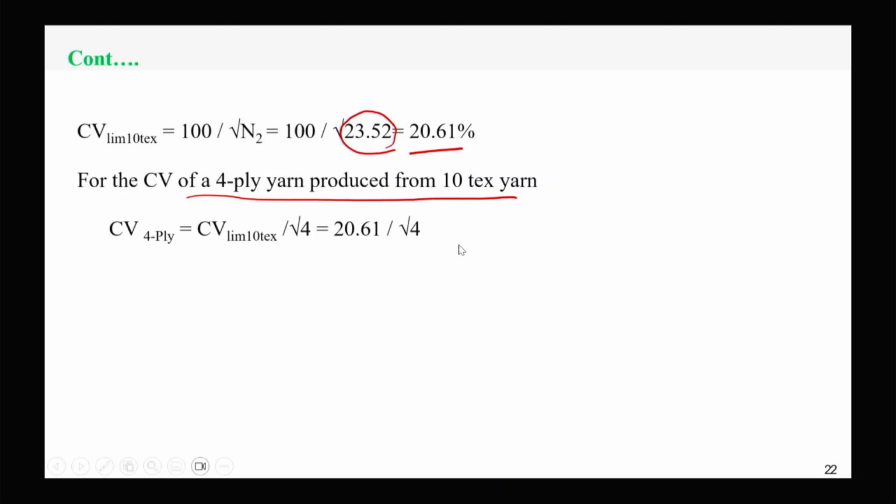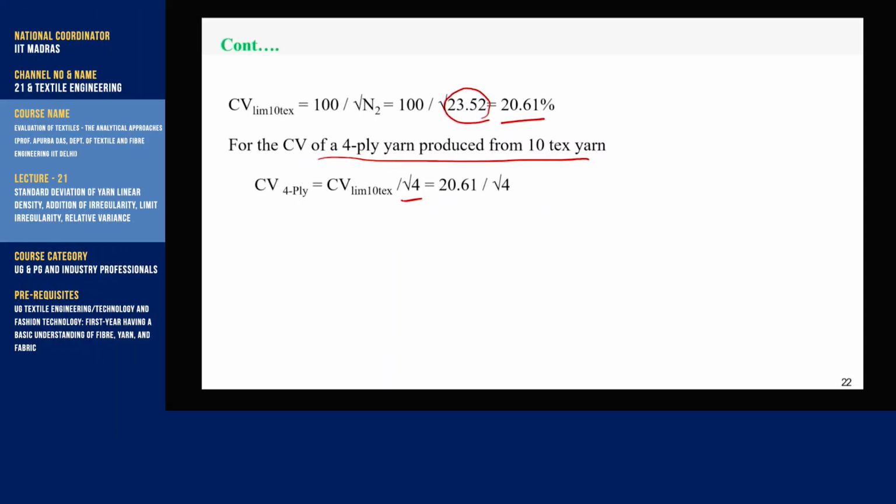So for 4 ply, this under root 4, that we will discuss. CV percent is reduced by doubling. So here doubling is 4, and CV percent of any fiber strand increases by stretching. That we will discuss. So addition and reduction, that we will discuss. So 10.3 is the CV percent of ply.